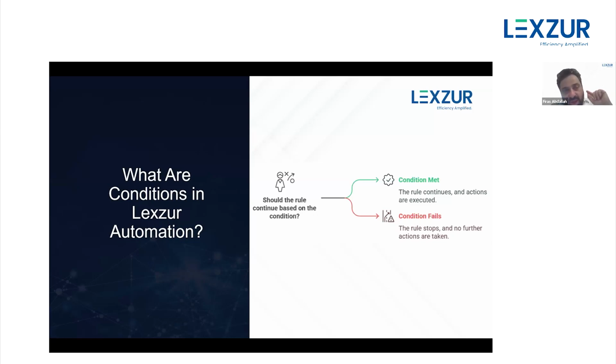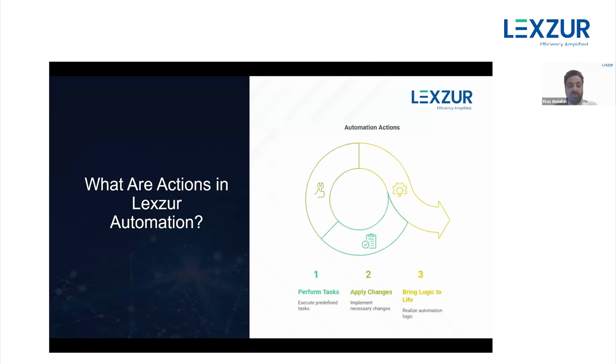I cannot do this automatic action if, let's say, the matter has medium priority. So we have a condition. First we initiate a rule by a trigger, then we test a condition. If a condition fails, the rule stops and no further actions are executed.